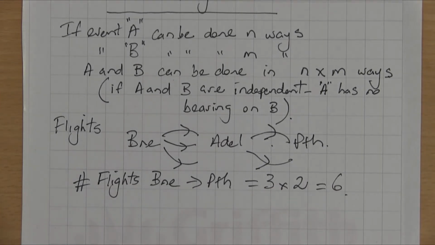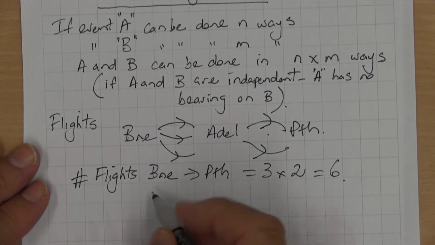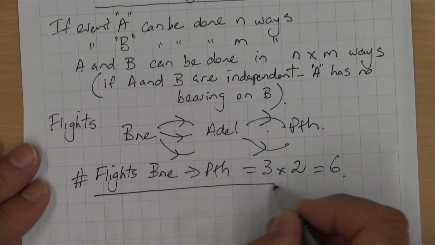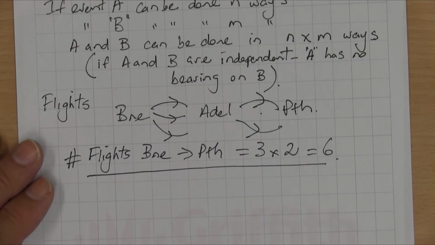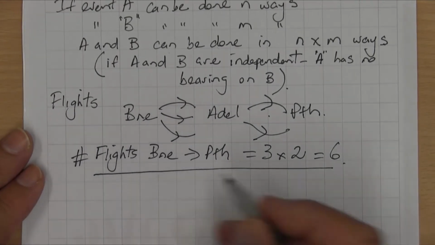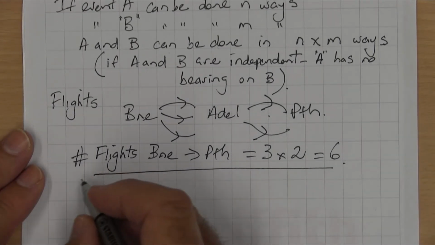Alright, so let's have a look at a common occurrence with number plates. Say we've got number plates, and you want to know how many different number plates are available of a certain form.